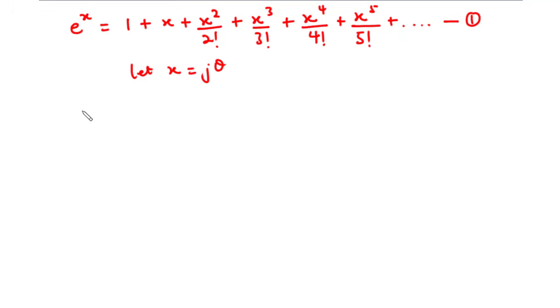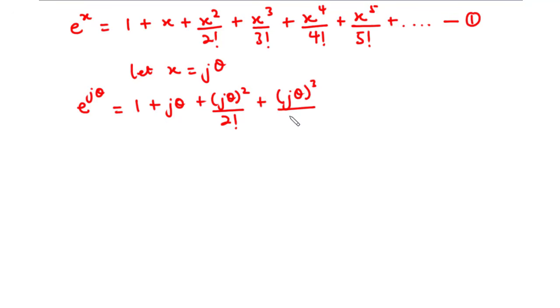In that case, we have e exponent j theta equals 1 plus j theta plus (j theta) all squared divided by 2 factorial plus (j theta) all cubed divided by 3 factorial plus (j theta) all exponent 4 divided by 4 factorial plus (j theta) all exponent 5 divided by 5 factorial, and so on and so forth.